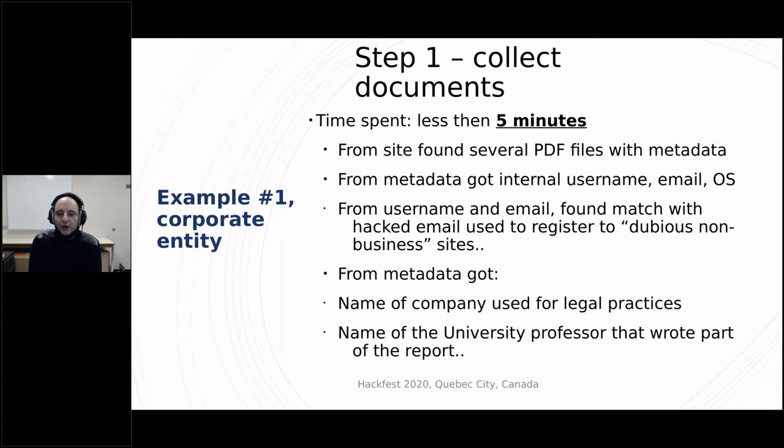Then we found their lawyers, and then the professor that helped write the document, who was connected to the lawyers. This is in the public domain, but it's not easily seeable. You cannot detect it, it's not readily available. You have to dig a little bit.